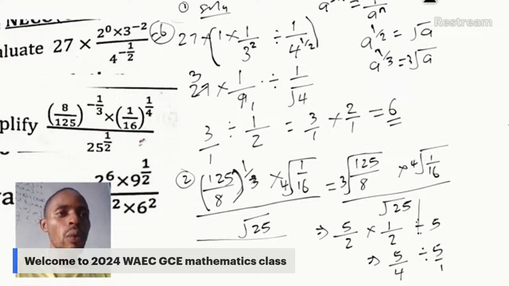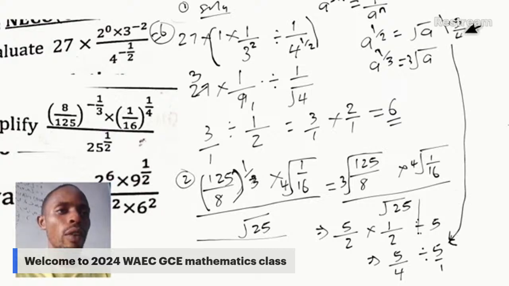So we have 5 over 4 multiplied by 1 over 5, because when you change the division, this one goes up while this one goes down, to be the inverse of this. So this 5 can cancel the 5 here. So it means that we have 1 times 1 here. So the answer to this question is equal to 1 over 4.